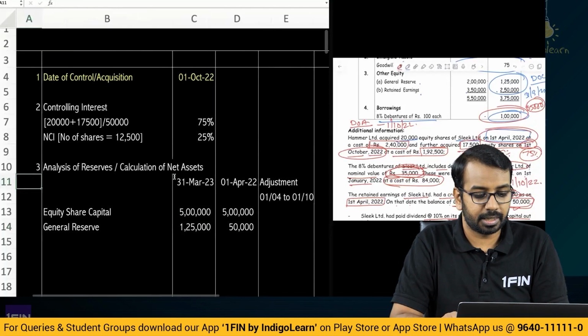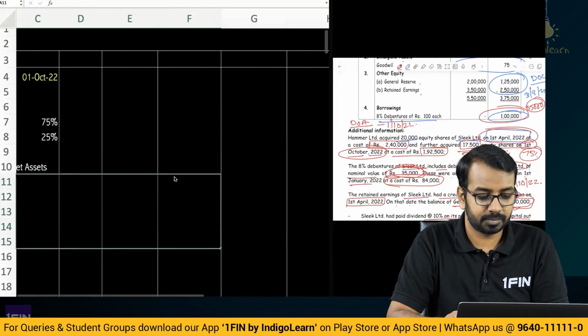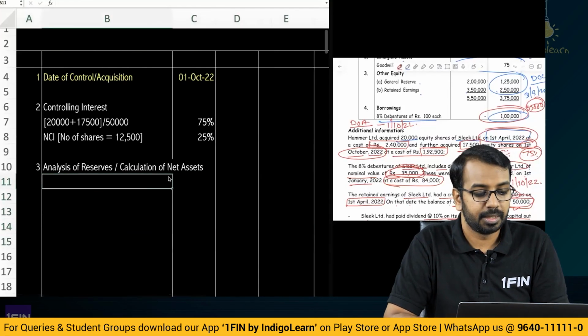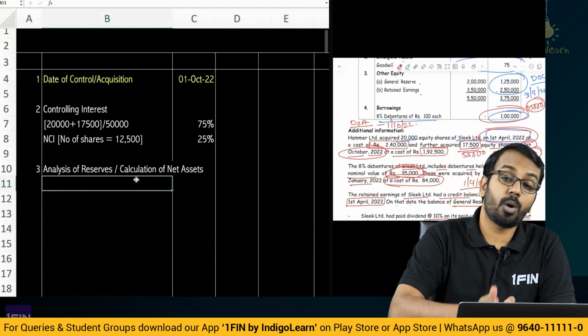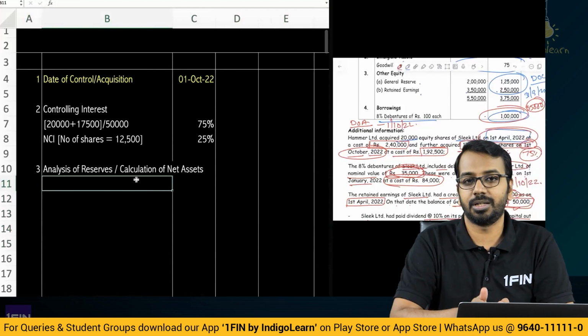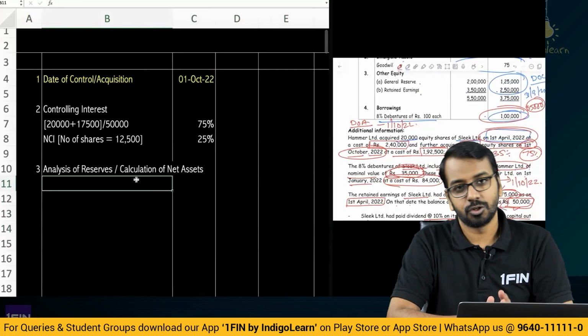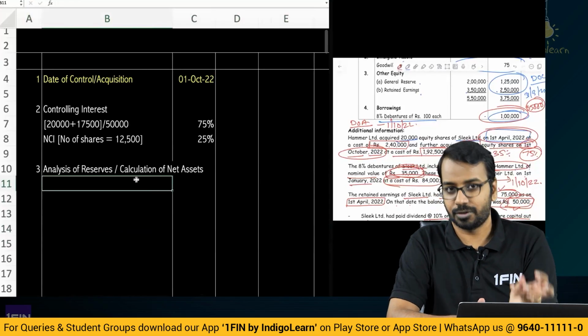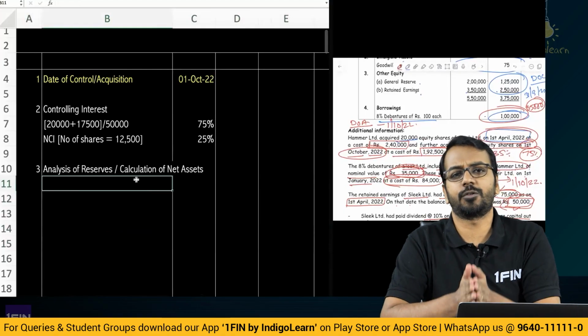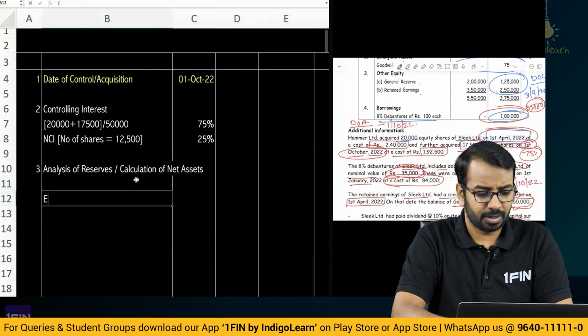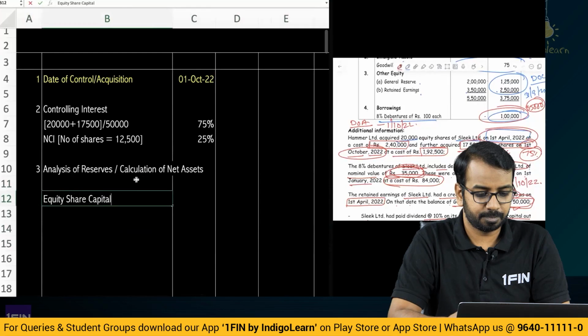I am doing this analysis of net assets once again, it has not come out properly. Now when we are analyzing the reserves, what you have to ensure is we have acquired the subsidiary on 1st of October. So the information that is given is on 1st of April and on 31st of March. We have to calculate what are the reserves on 1st of October. So we have equity share capital.